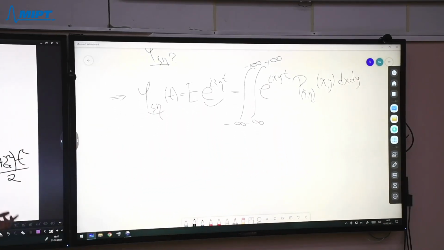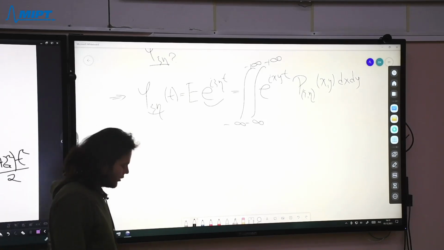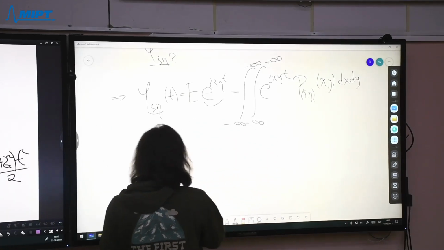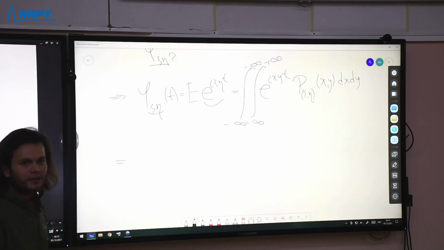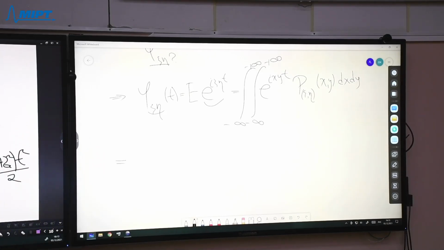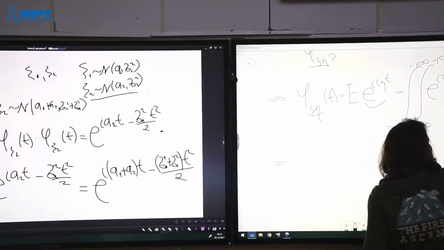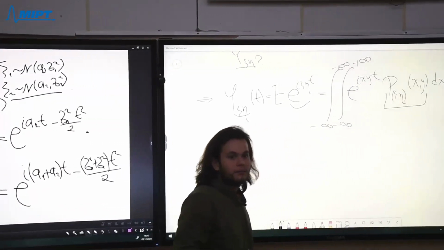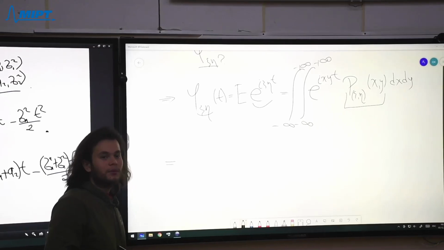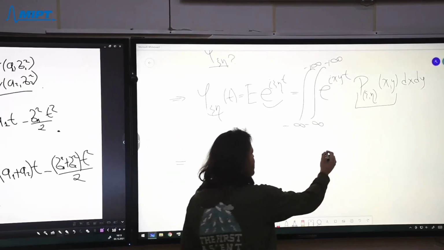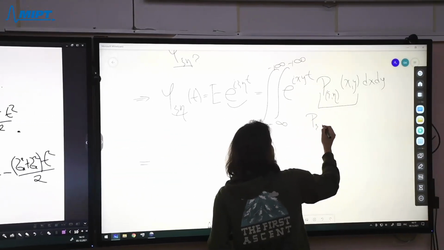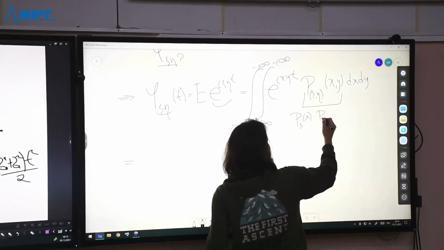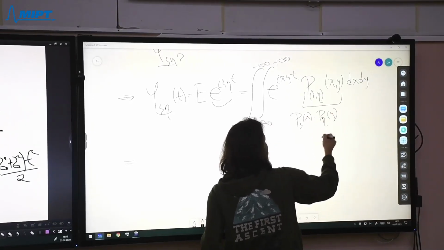We are just finding the expected value. What do we know about psi and eta? They are independent, so the density of the vector is the density of psi times the density of eta.